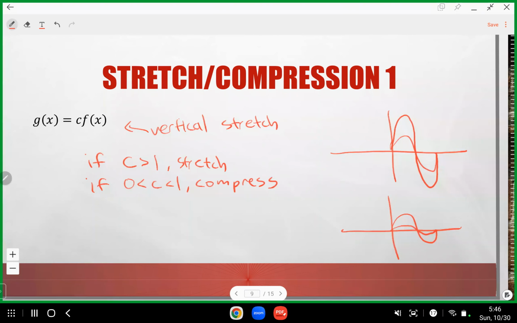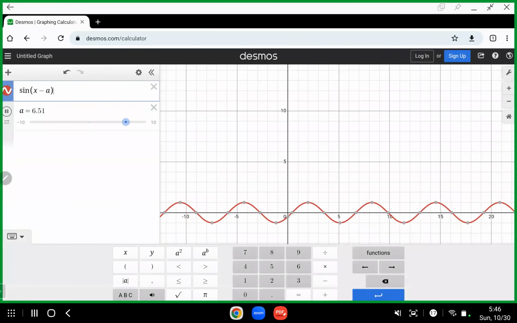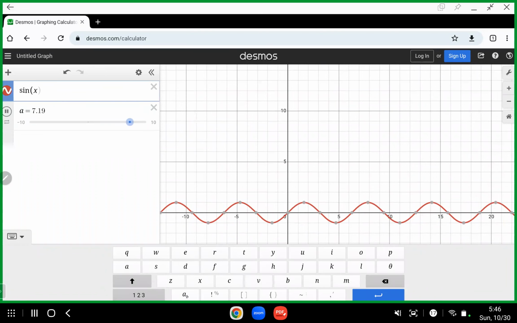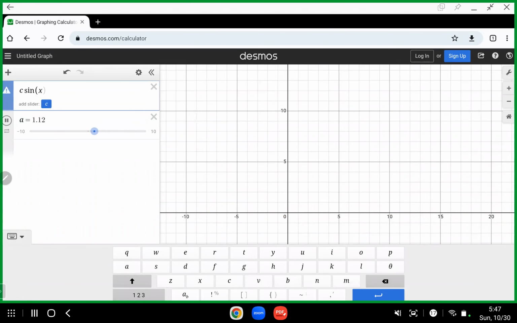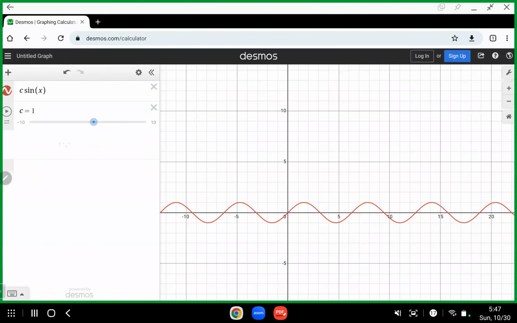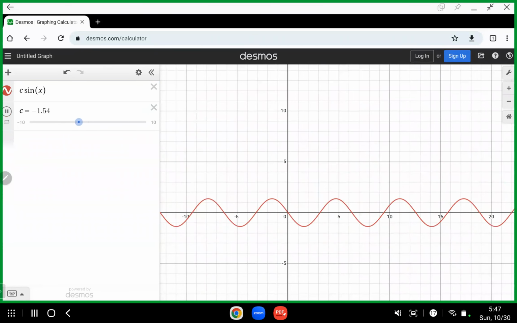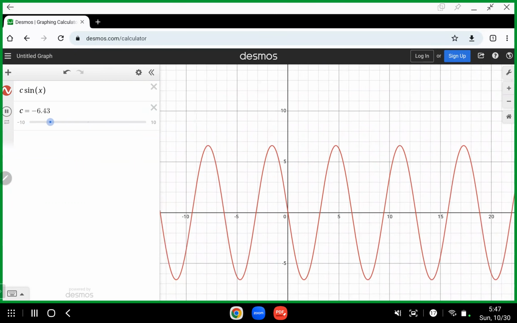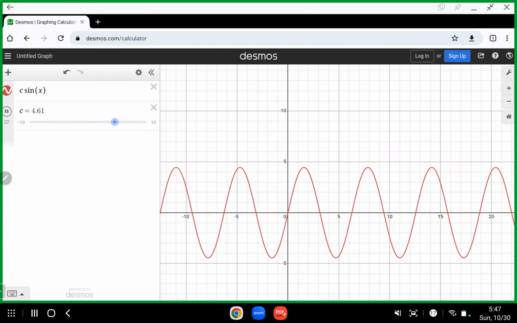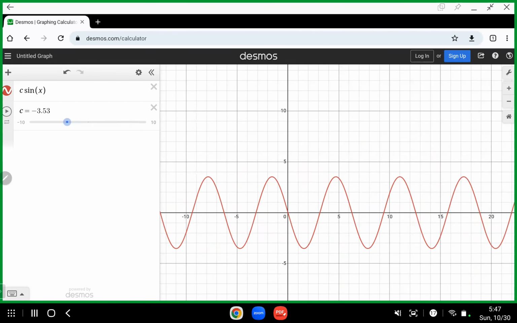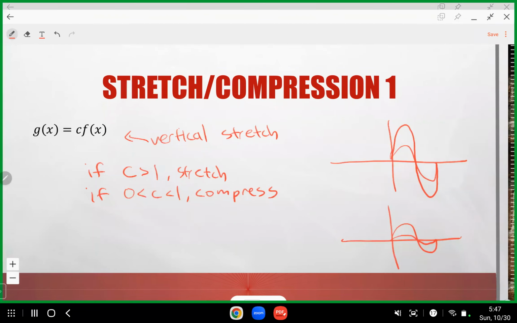So let's model this on Desmos. As you can see here, okay, if you multiply c, okay, you're going to get something like this, right? It stretches vertically. It stretches vertically, right? Okay. And very interesting observation here.